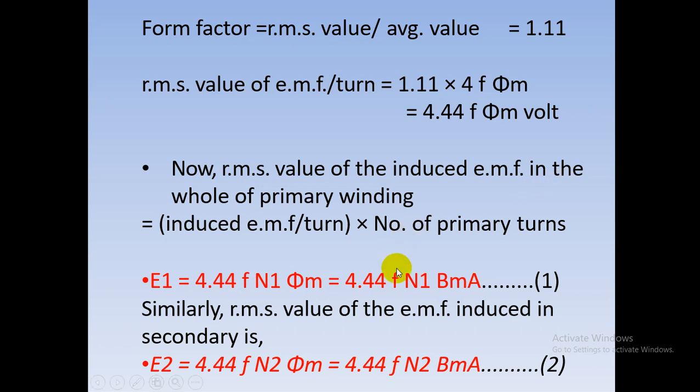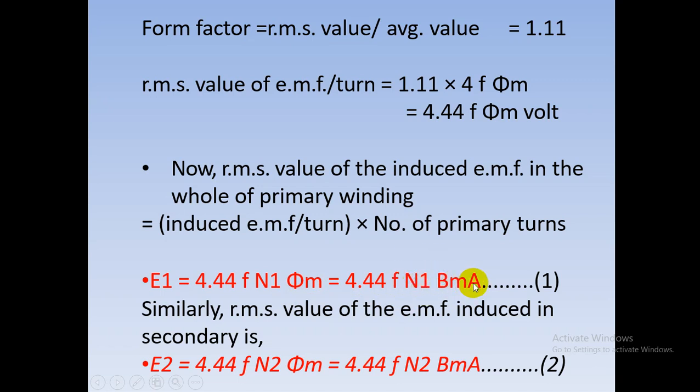We can write this equation using Bm also. When we replace phi m with Bm and A, where Bm is the flux density and A is the area of cross section, we get E1 equal to 4.44 f N1 Bm A, where N1 is the number of turns of the primary winding.